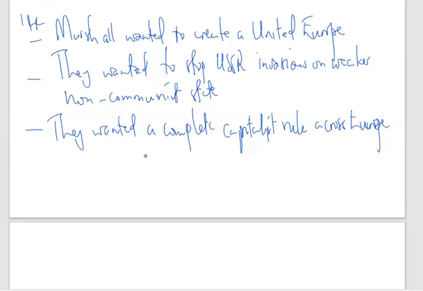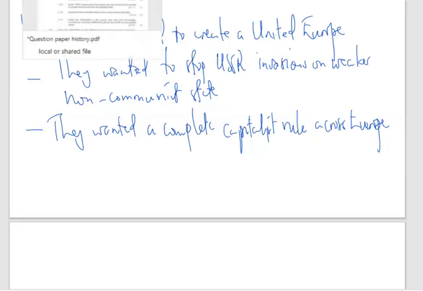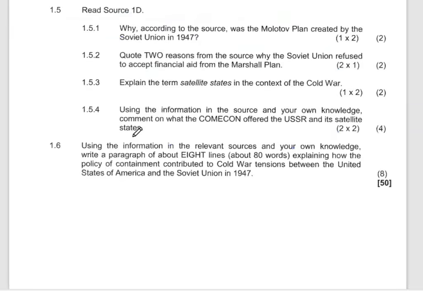And also, you can say they wanted a complete capitalist rule across Europe. In this context, we are looking at the USA. They wanted to dominate the whole of Europe and have it under the control of capitalist rule. That might be the other implication of the statement. That was number 144. We move on to source 1D.